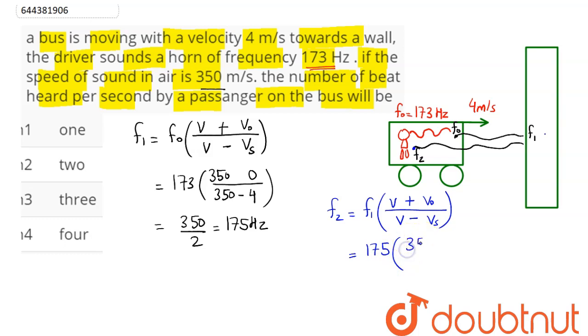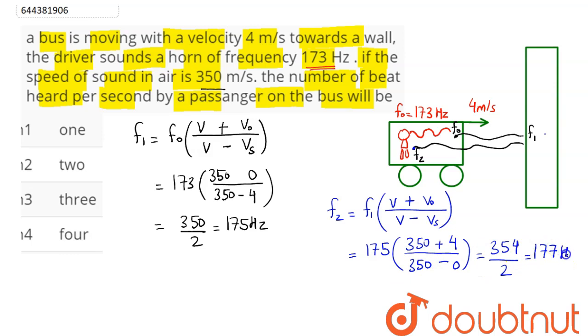This is 350, and here also 350. Velocity of observer is 4 and that of source is 0. Hence this becomes 354 divided by 350 in the denominator, and 175 cancels 350 by 2. So this comes out to be 177 Hz.